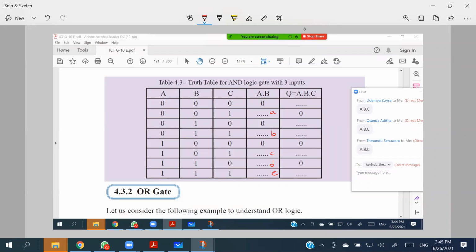Yes, Ravindu, that's correct. A and B is correct. Oh, Ravindu, look at the C. In C, A is 1, B is 0. So 1 dot 0.